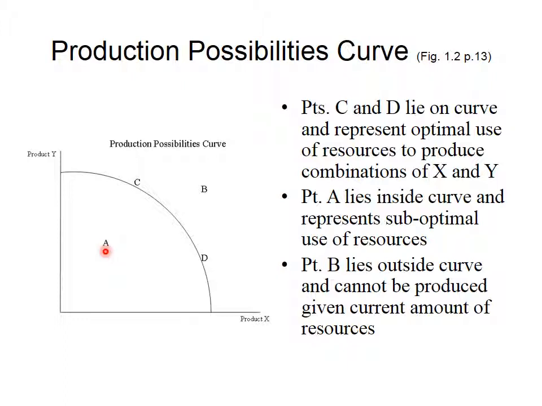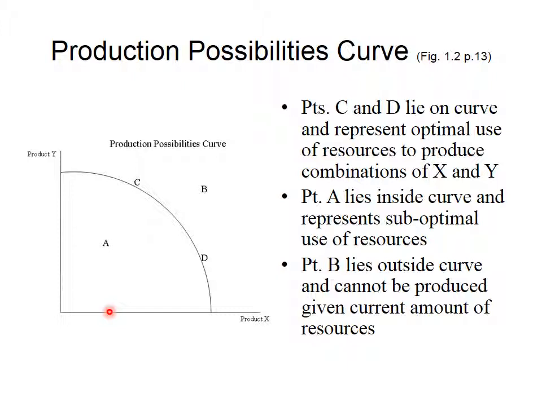Now if I'm producing in here, such as at point A, what does that mean? Well, let's think it through. I'm producing at point A this many Y, and we'll look at a numerical example of it, but we don't need to for now to understand it. I'm producing this many Y and this many X. What does that mean? That means that I'm not using all of my resources. I'm not living up to my potential.